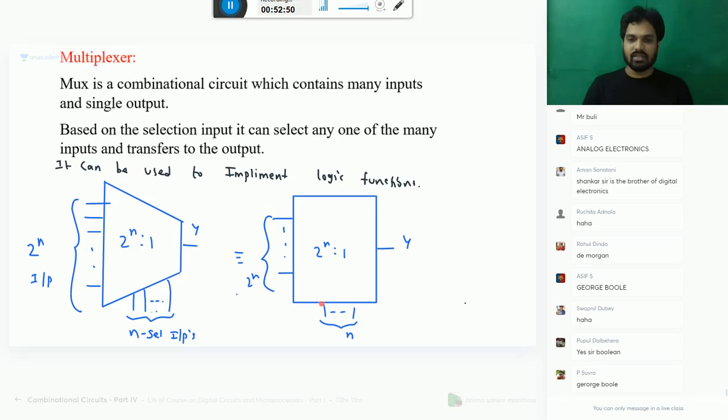So let's take one small practical, day-to-day life example where you can use this MUX. The fundamental job of MUX, you understand, is many inputs, one output.